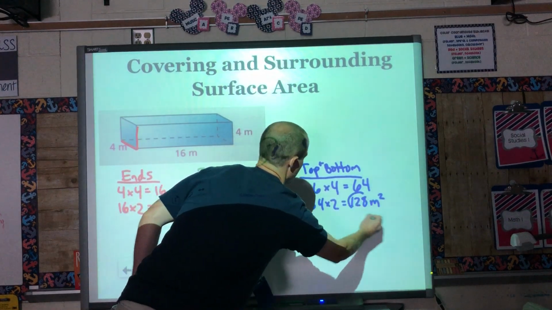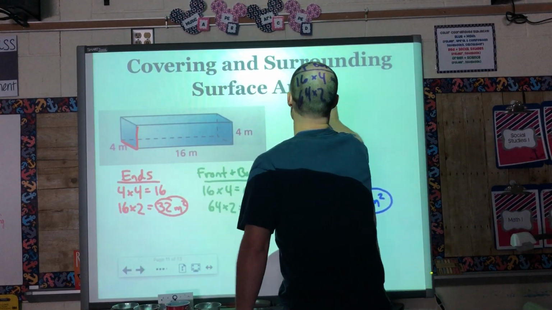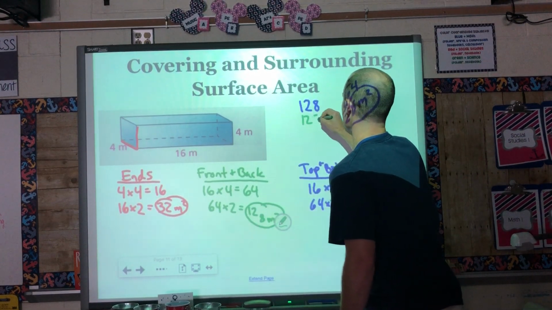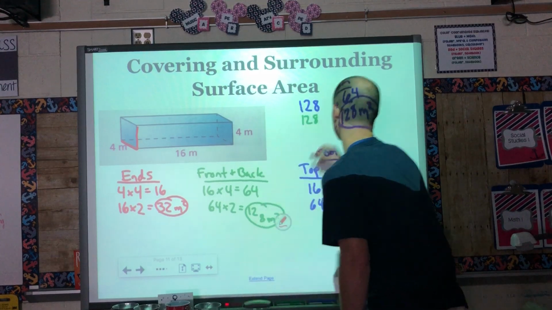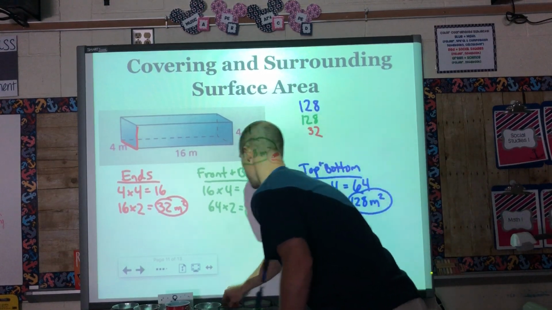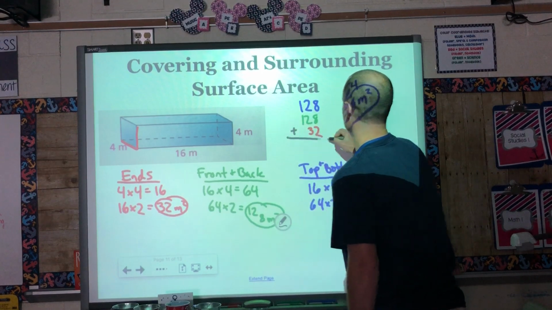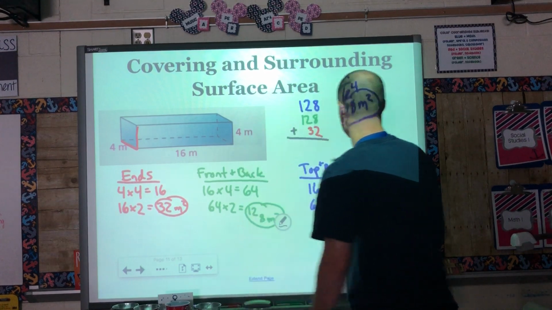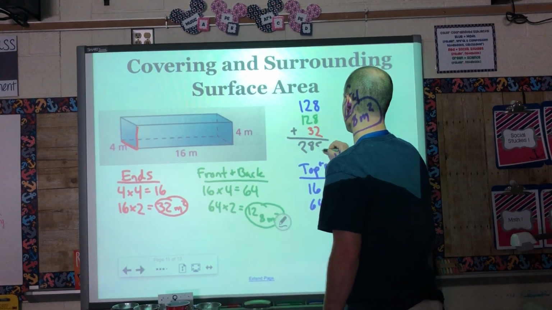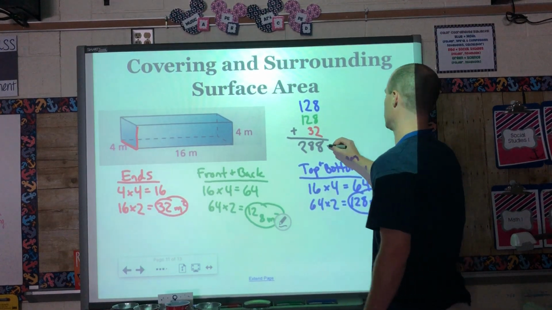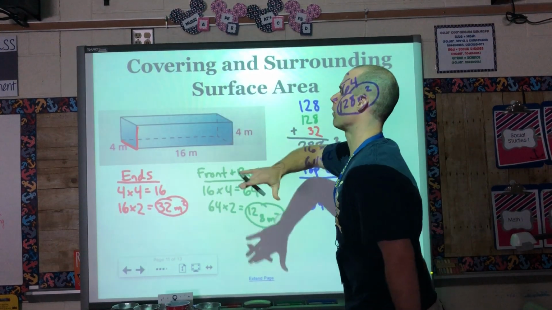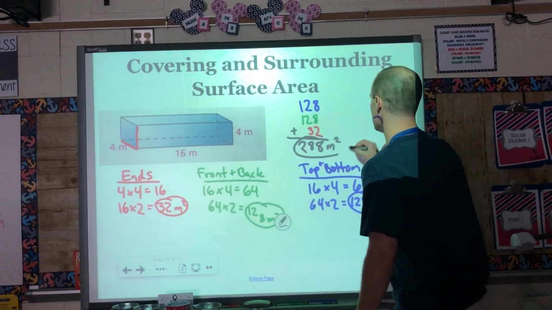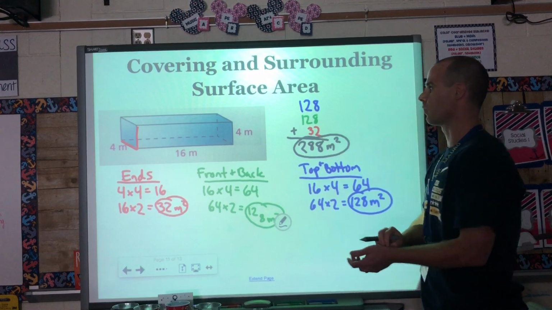So we're going to take our 128, our 128 and our 32, and we're going to add them together. When we add all of those together, we should get a total of 288 square meters in order to cover the entire surface, all of the surfaces, of our rectangular prism. So our answer would be 288 square meters for the surface area of the shape.